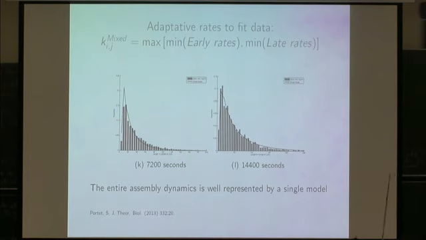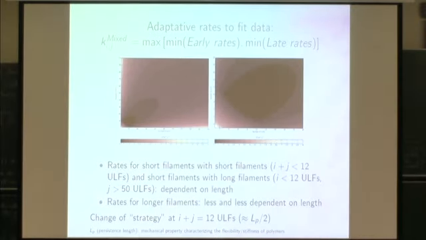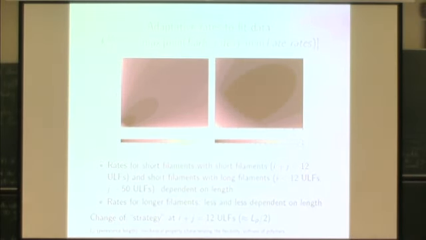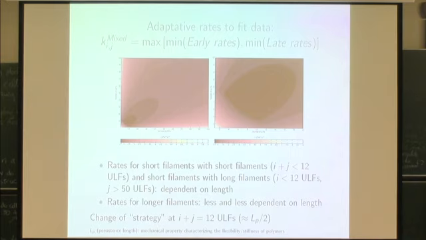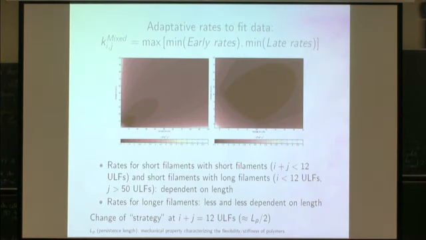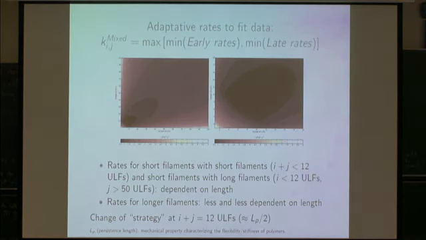But what is interesting now is, what is the shape of the rate? And can I learn something from this rate? When I look at the rate giving a good representation of my total dynamics from 1 minute to 4 hours, what I'm going to observe is the rate of aggregation of short filaments.